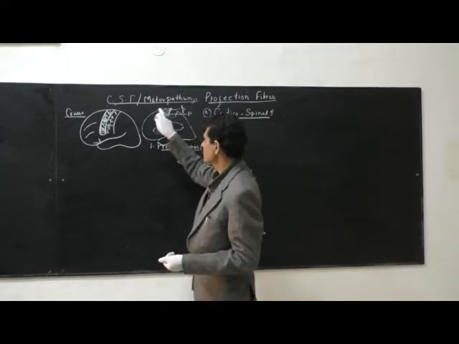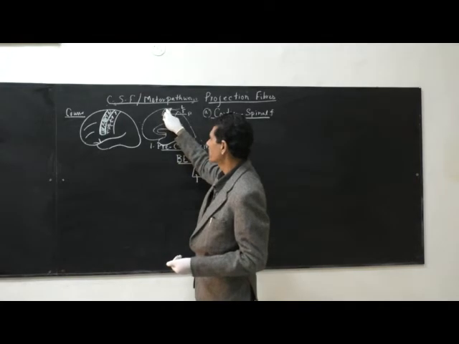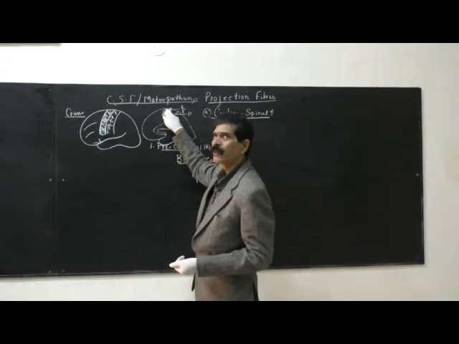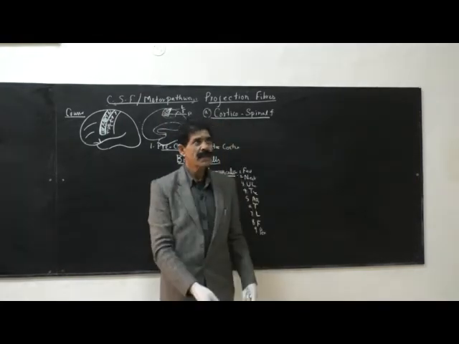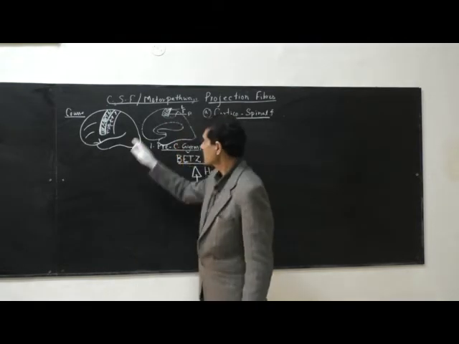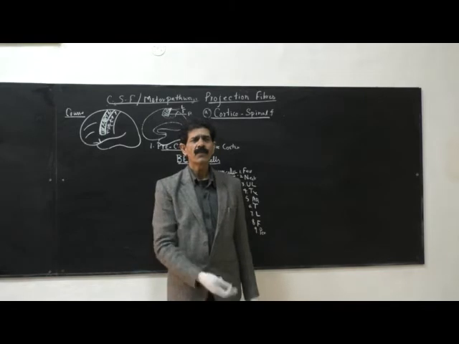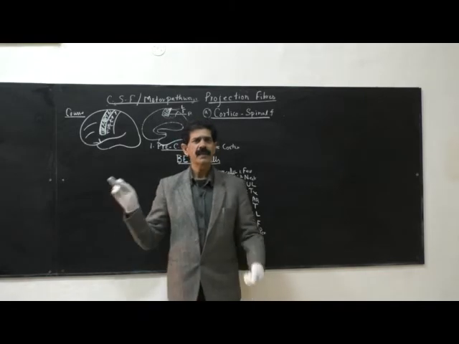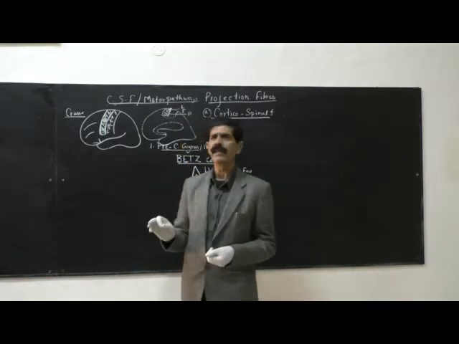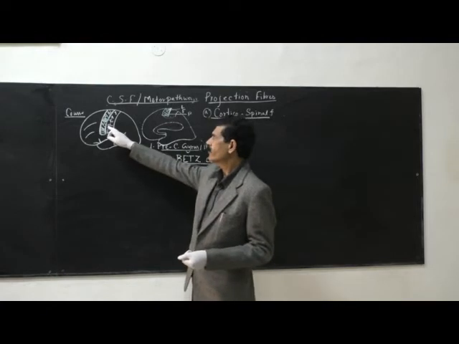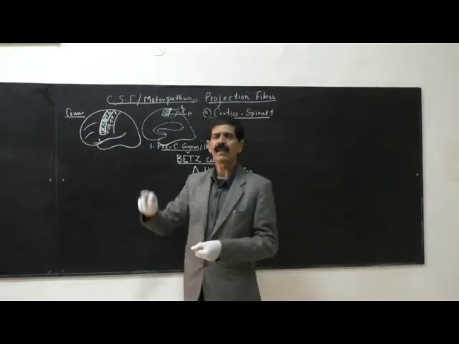If I touch this area of the experimental animal here with a probe, I see that the muscles of the leg are moving. It means this area has some connections with the muscles of the leg of the opposite side. That's why this is the experimentally proved area, area number 4, that is called the precentral gyrus.